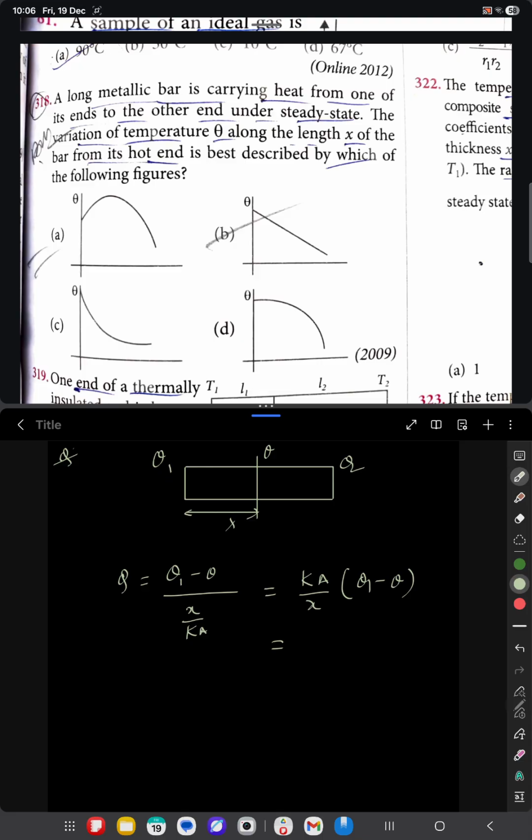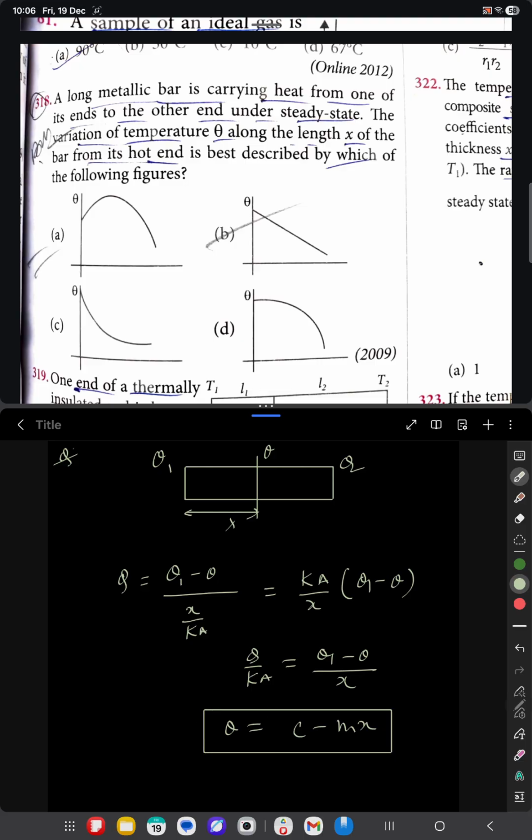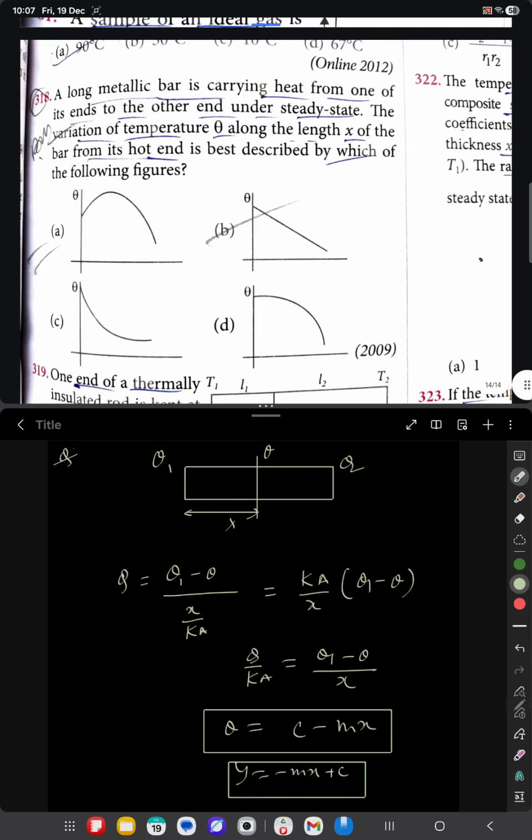So you can write Q by K equal to theta 1 minus theta by x. Write down Q by K as m, theta 1 as C. We are getting theta is equal to C minus mx. That is y is equal to minus mx plus c. That means it will be a straight line having negative slope and positive intercept. So option B is your correct answer.